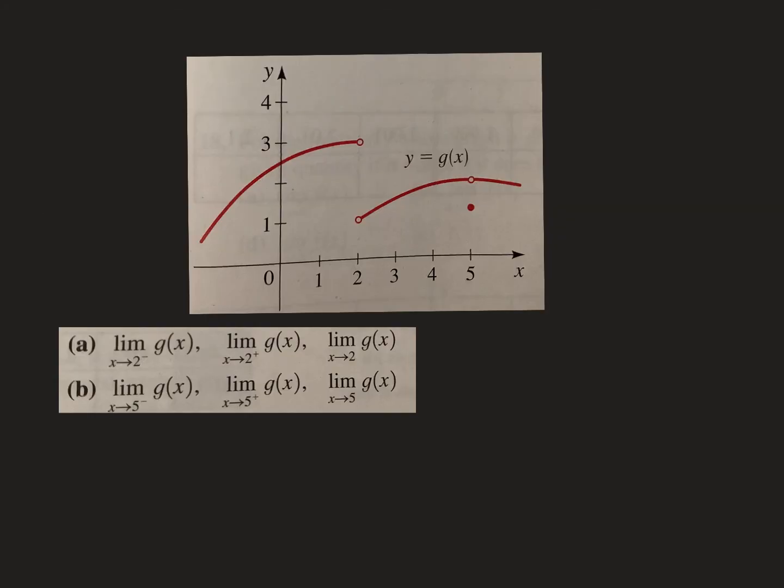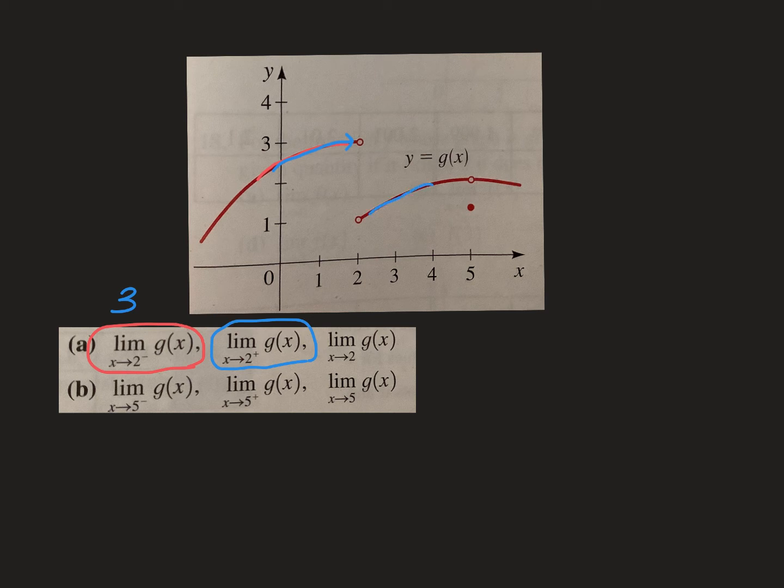Let's take an example from a graph here. This is probably piecewise, something like that. But let's look at part A right here. Part A says limit as x approaches 2 from the negative side, or from the left. So if I'm coming closer to 2 from the left, I'm coming up here and I'm getting closer and closer to 3. So that value would be 3. The second part says limit as you get closer and closer to 2 from the positive side.